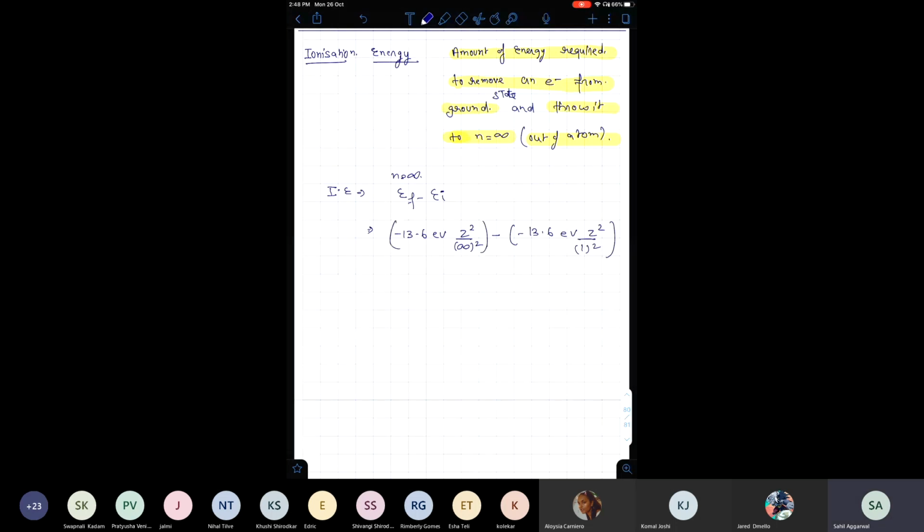Any doubt in this? Solve this, this will become 0. 0 minus 13.6 electron volt divided by 1 square, which is 1 only, into Z square.